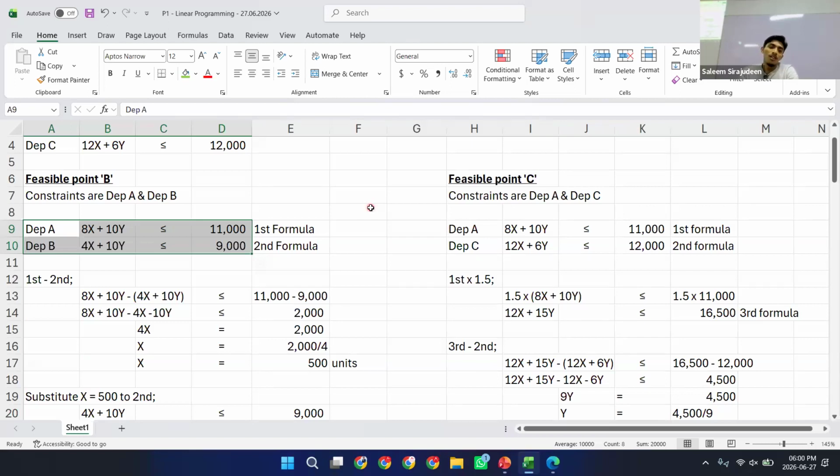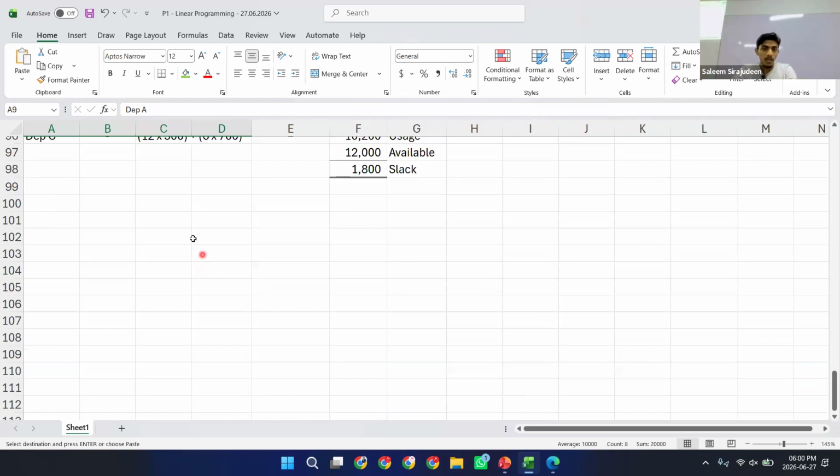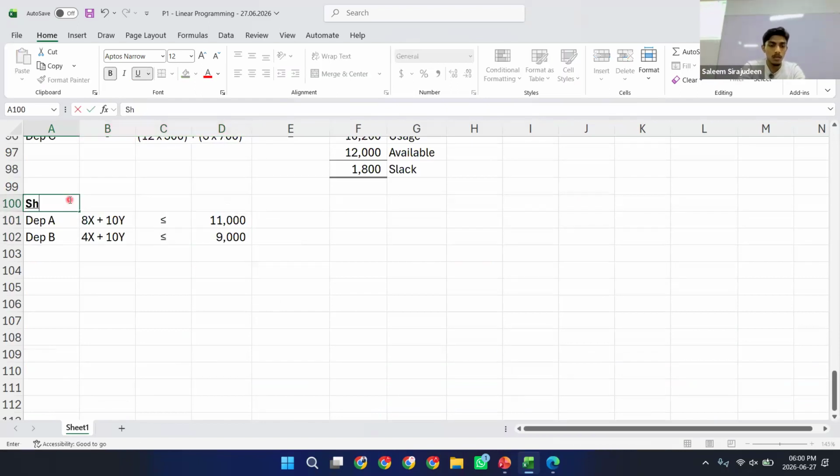First of all, we have to calculate the total contribution if we increase the resource by one extra hour. First we'll calculate for Department A and then Department B. These two are the resources, right?